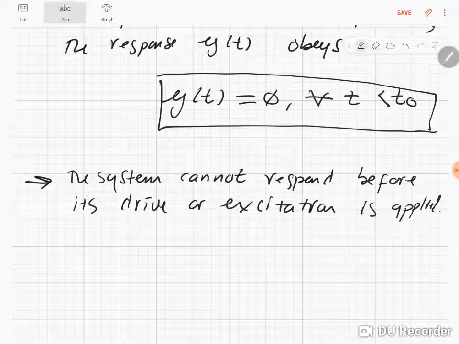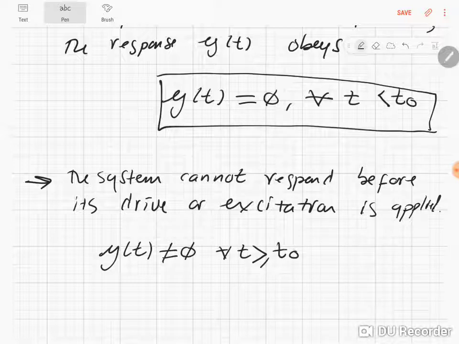So first, since we're talking about a causal response, y of t will be different from 0 only for all t greater than or equal to t0, okay? In the case that t is equal to t0, that means that the system responds immediately after it is excited. That's experimentally impossible, but it's not theoretically impossible, okay?